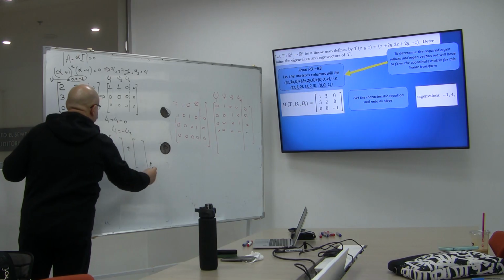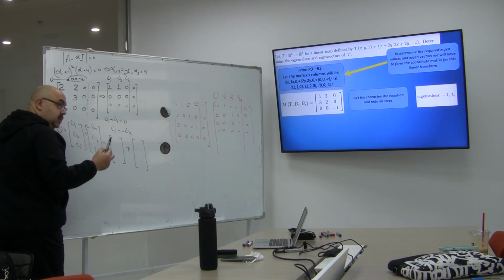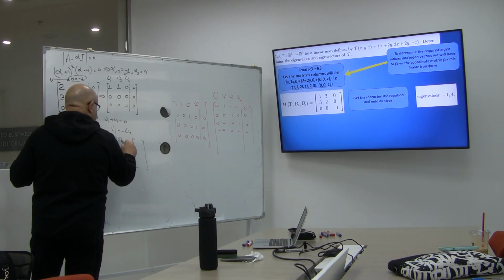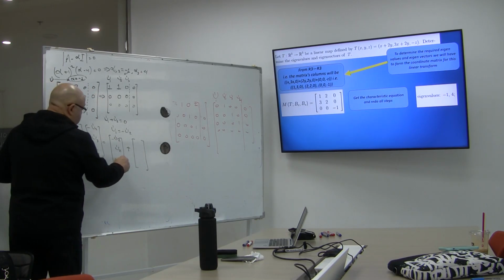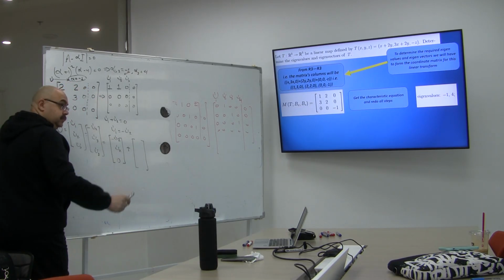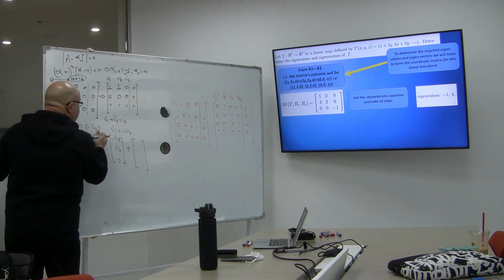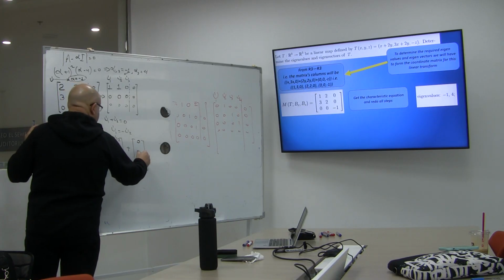Why do I have to do it? Because these two are functions of the same variable. So it's going to be negative U1 sub 2, U1 sub 2. Do you have U1 sub 2 here? No. So it's going to be 0. Once more, do you have U1 sub 3?